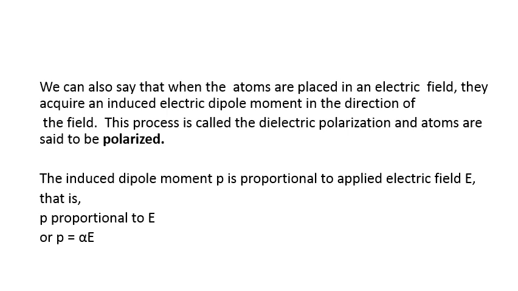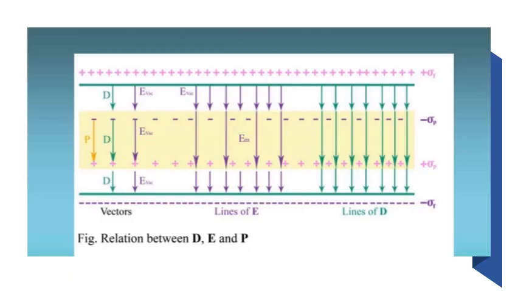This is something about capital P. We have discussed D, we have discussed P, and now we will discuss the relation. Here, D, E, and P are all shown. We have defined all this in the previous slides.